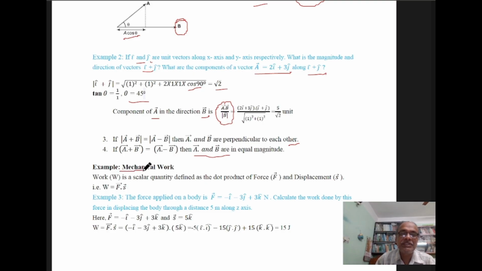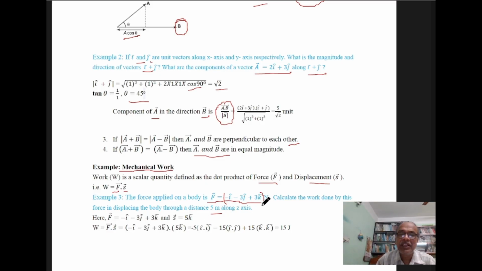From an application point of view, if we go to mechanical work, work is a scalar quantity, and it is the dot product of two vectors, force and displacement. Okay. So if one example is there, force is this many Newtons in vector form, and it is displaced 5 meters along the z axis.